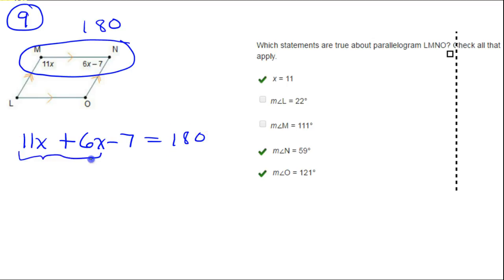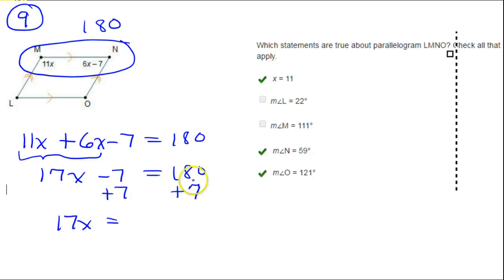Now 11x plus 6x, that's 17x. Then I would add 7 to both sides. Now I'm going to divide both sides by 17. All right, do you have a calculator for me?